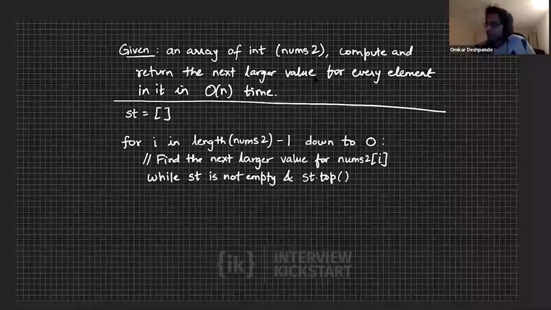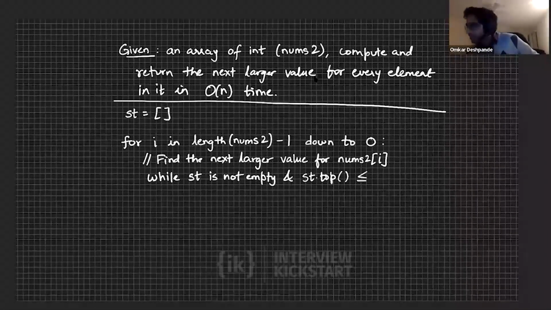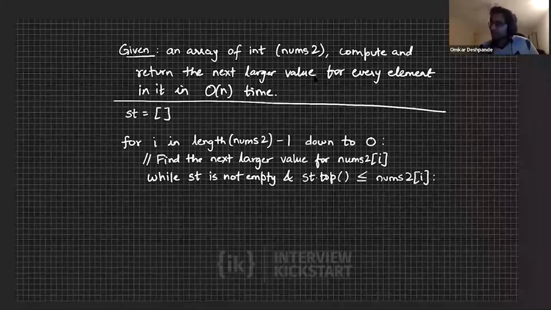So both the domain and the range of the mapping are going to be unique values. So while the stack is not empty and the top of the stack is less than or equal to my current value, my current value is nums of i, I'm going to keep popping the stack.